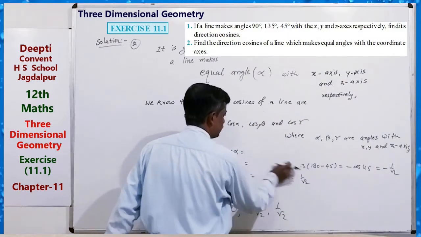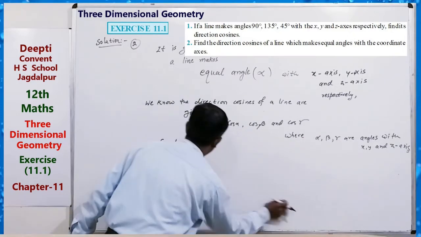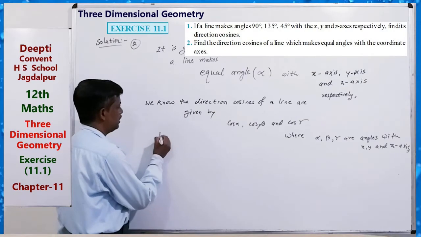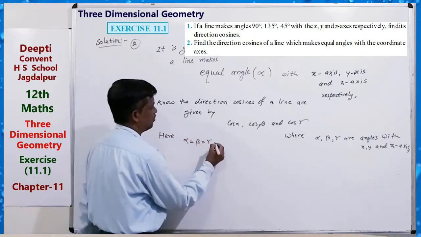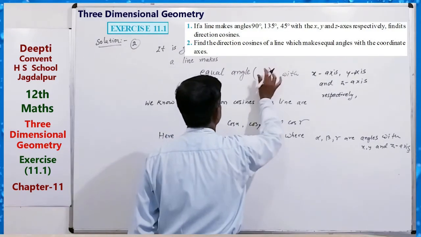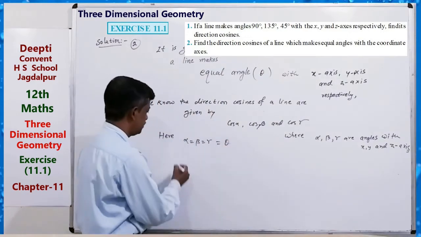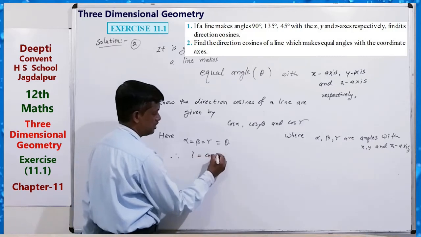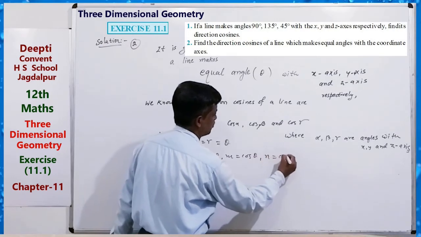So here alpha equals beta equals gamma. All are equal, suppose equal angle theta. Therefore, L equals cos theta, M equals cos theta, N equals also cos theta.